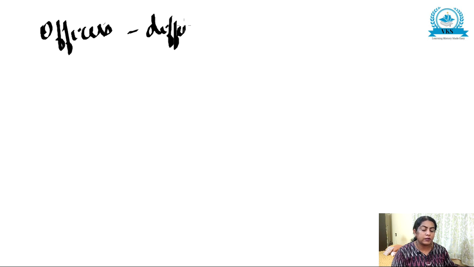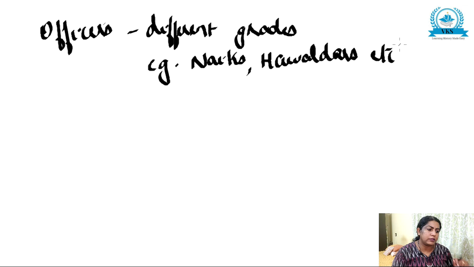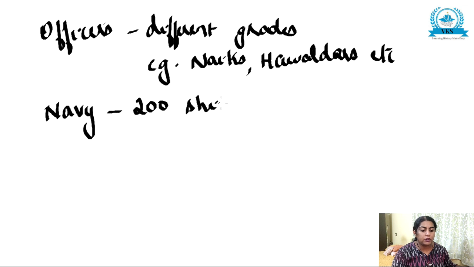And there were different grades of military officers. For example, you can write Nayaks, Havildars, etc. These were the different grades of officers. And Shivaji also maintained a powerful navy of 200 ships.